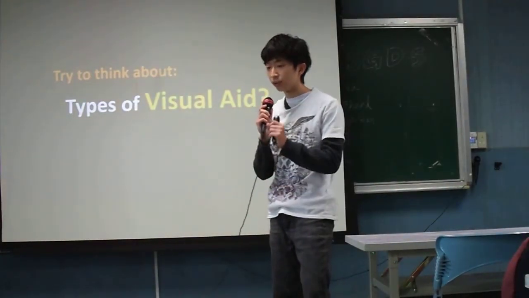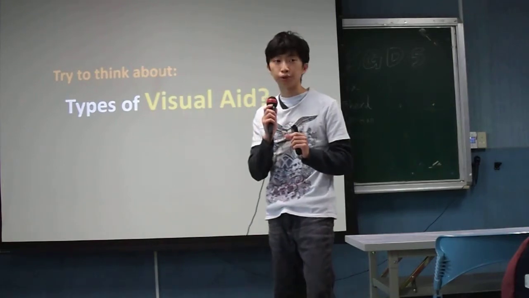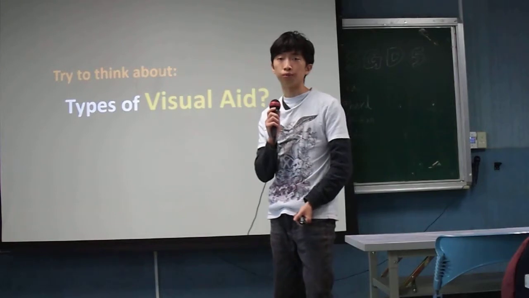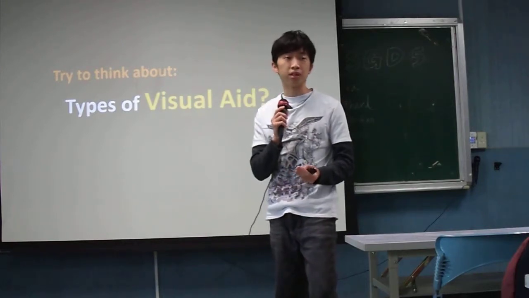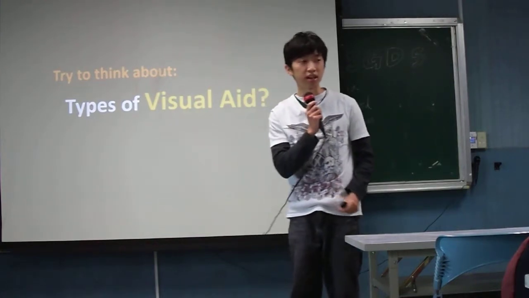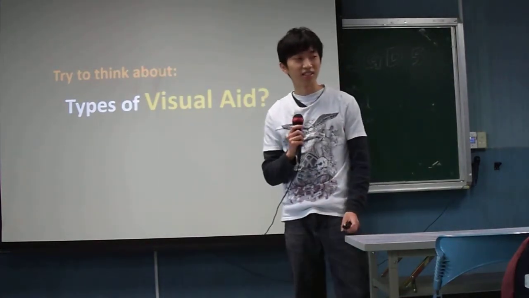But maybe we can ask another person: what visual aids have you ever observed? Or what kind of visual aid have you observed in Toastmasters speeches, except slides? Tina, what do you think? Besides slides, have you seen anyone use a board?